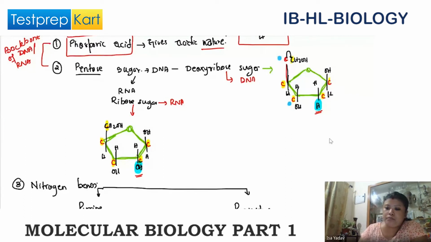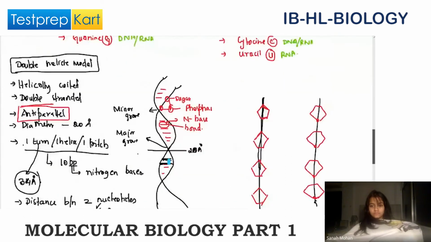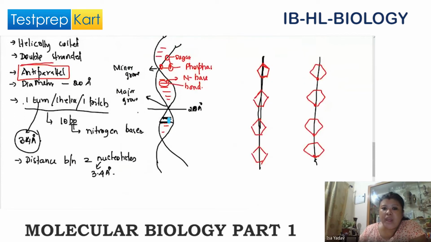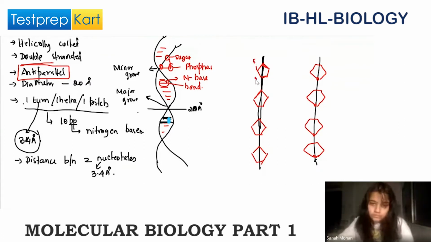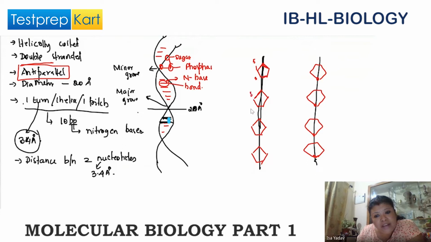All right. So now you see here very nicely. This is one strand. So this is 5 carbon. This is 3. What is this? 5, 3, 5 again, 3, again 5, and again 3.